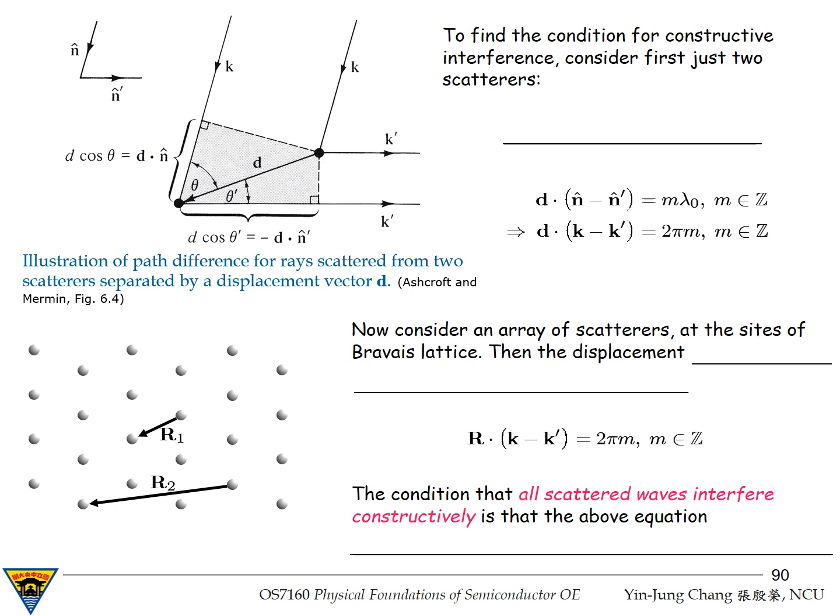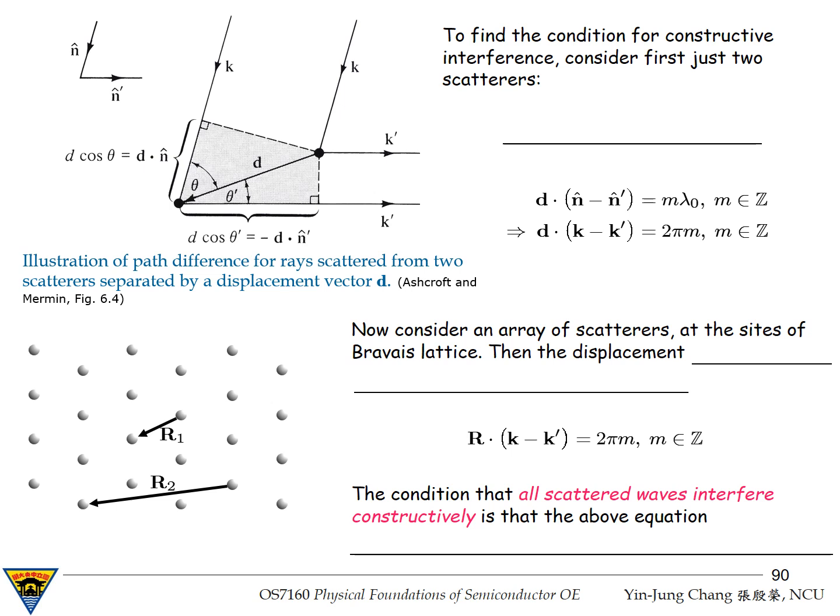Since the incident wave is scattered in all directions, it is possible to pick up the scattered waves with the same wave vector k prime originating from the two scatterers. As the two scatterers are located at different positions, the scattered waves acquire a phase difference.